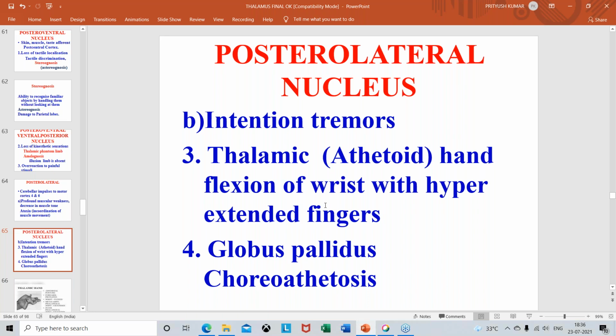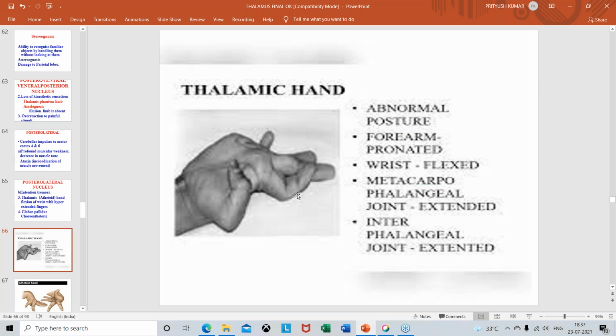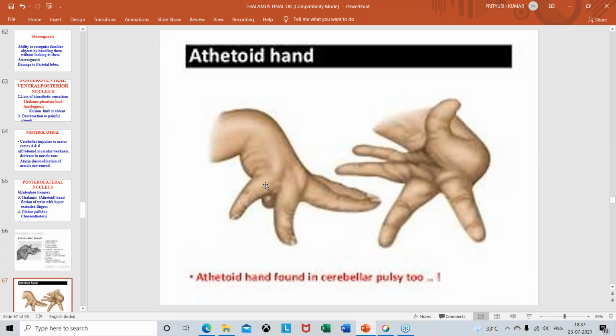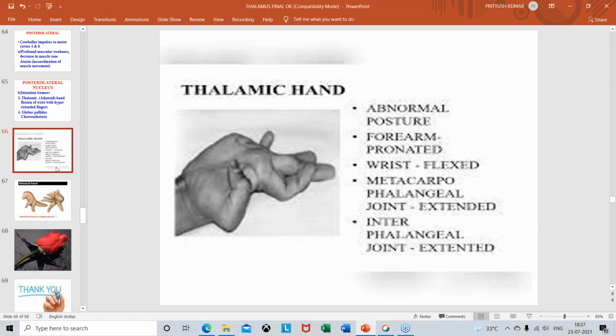There is flexion of the wrist with hyperextended fingers. The fibers coming from the globus pallidus are affected, and there is choreoathetosis. This is an abnormal posture: forearm pronated, wrist flexed, metacarpophalangeal joints extended, interphalangeal joints extended. So this is the thalamic hand.